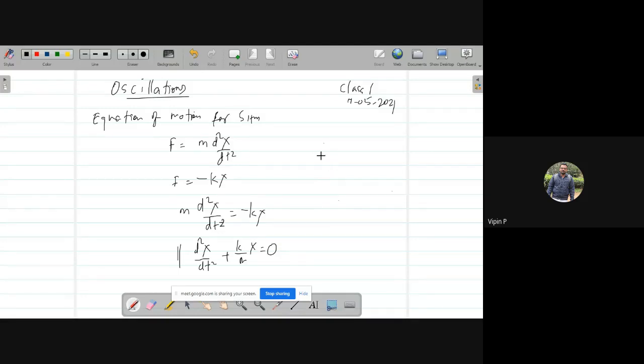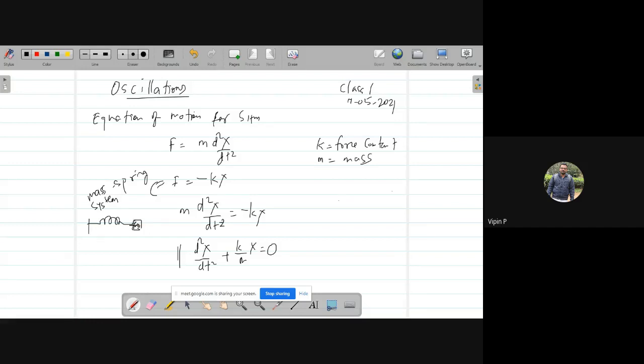Very simply put, if we do a dimensional analysis, k is the force constant and m is mass, considering a mass-spring system in which we have a spring and a mass attached to it.